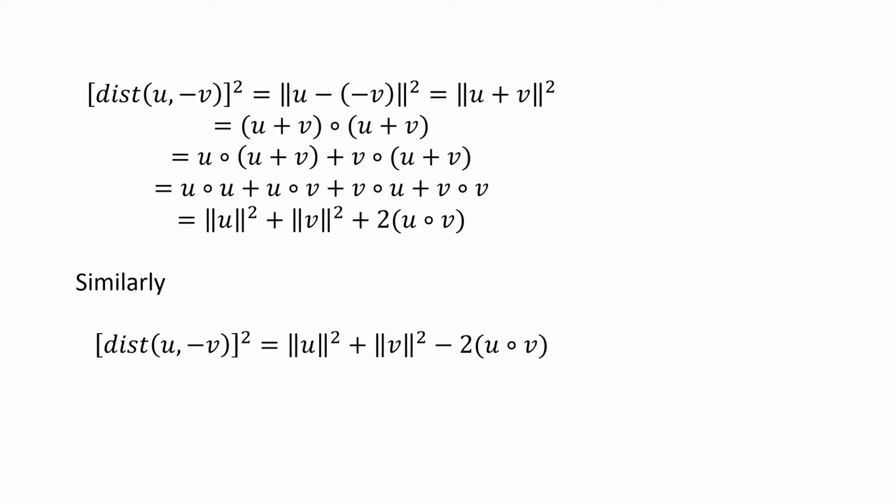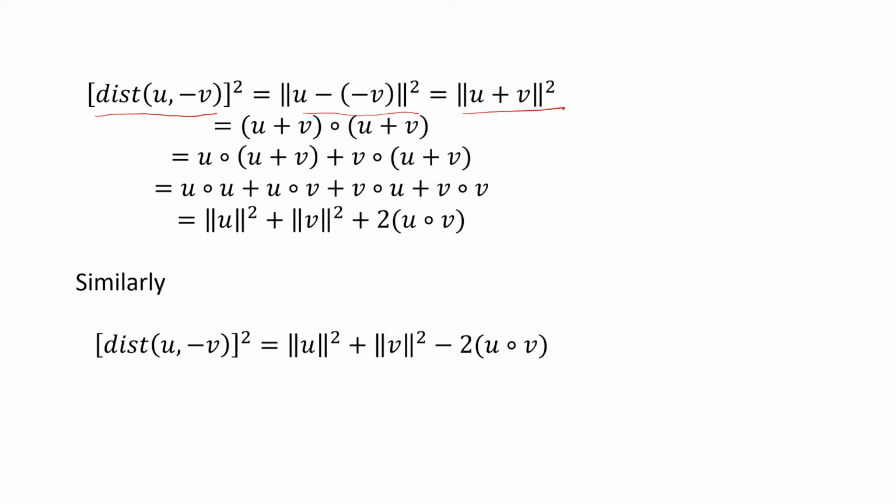So we have a formula for the distance between u and negative v involving the norm. Take that distance and square it and rewrite it in terms of the norm. So it's equal to the norm of u minus negative v, which is the same as the square of the norm of u plus v.